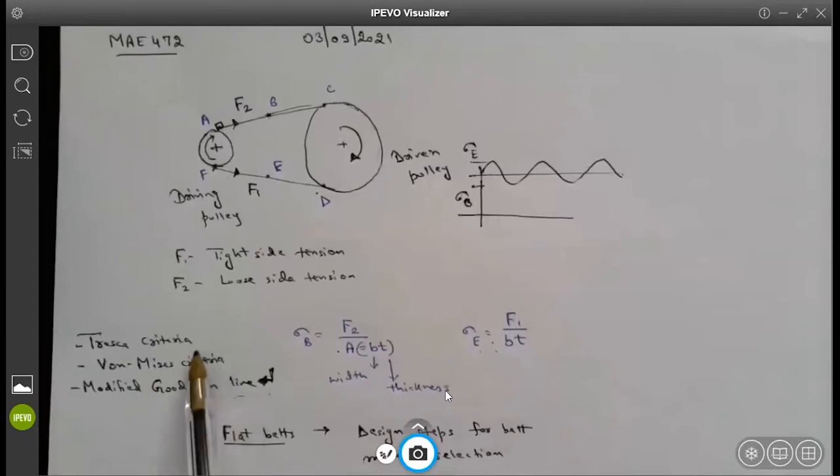Basically we use a very simple maximum allowable tension, or some form of a Tresca criterion, or maximum tension in the material.